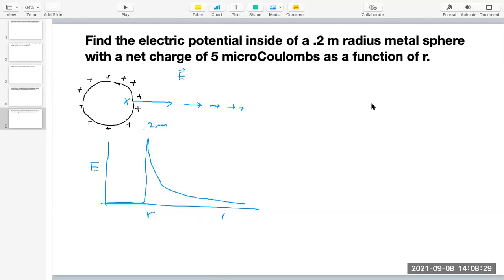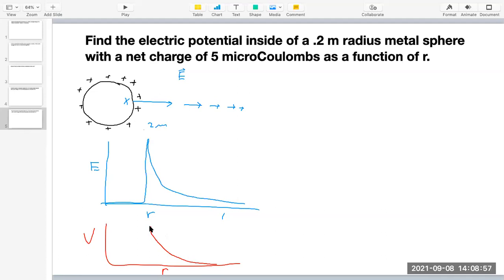So the electrical potential will have that 1/r relationship on the outside. And no electric field doesn't mean no electric potential.